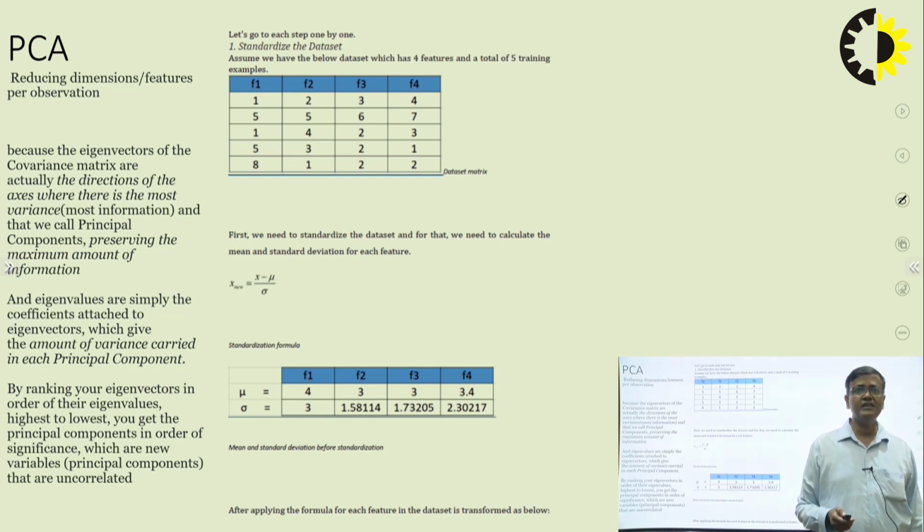The eigenvalues associated with the eigenvectors give the amount of variance in each principal component. If we rank our eigenvectors in order of their eigenvalues from highest to lowest, we get the principal components in order of significance, and they will be uncorrelated.